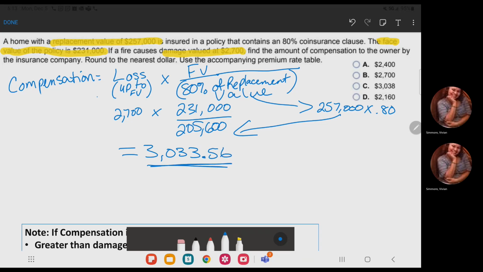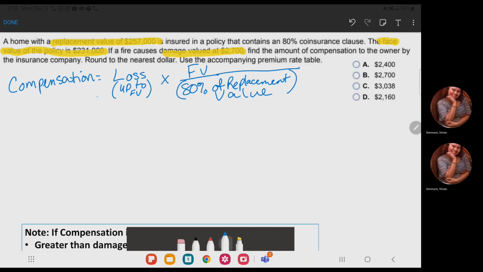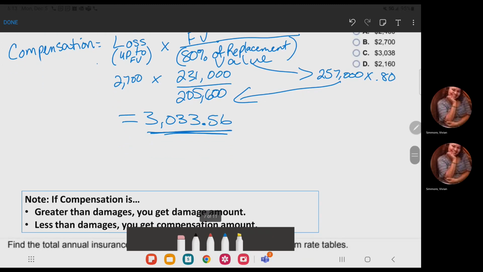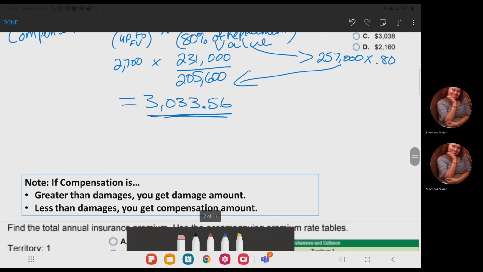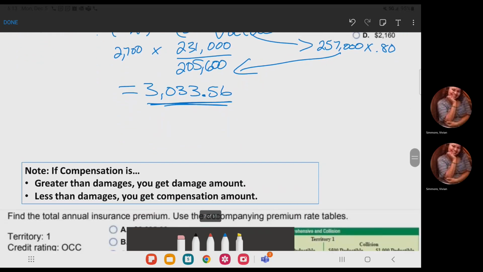Now this value, remember, it's a quick note. Your compensation, what you're going to get back: if your compensation is greater than the damages, you're going to get the damage amount. If it's less than the damages, you get the amount that you computed. All right. This is compensation.